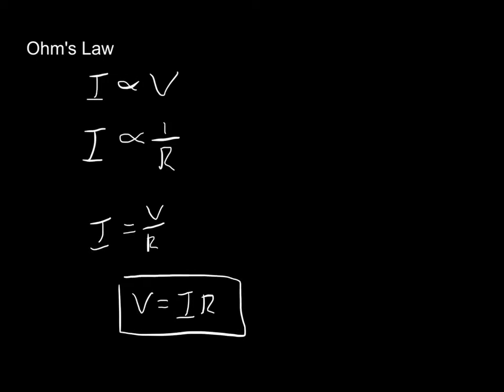Voltage equals current times resistance. It's very useful when analyzing a circuit to calculate the voltage drop when current goes through a resistor. The voltage drops a little from what it was, and you can calculate it knowing how much current is flowing in and how much resistance that resistor offers.